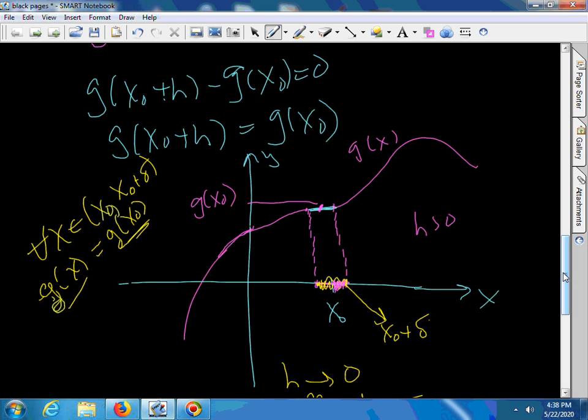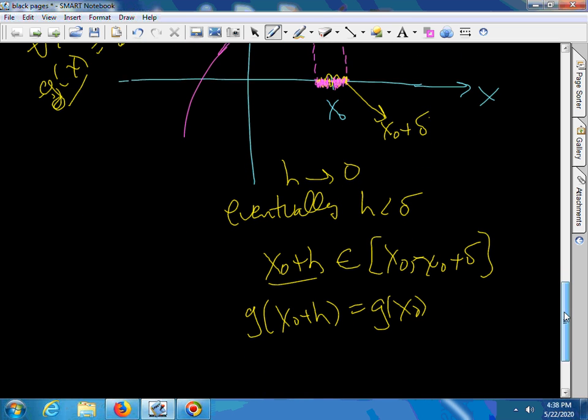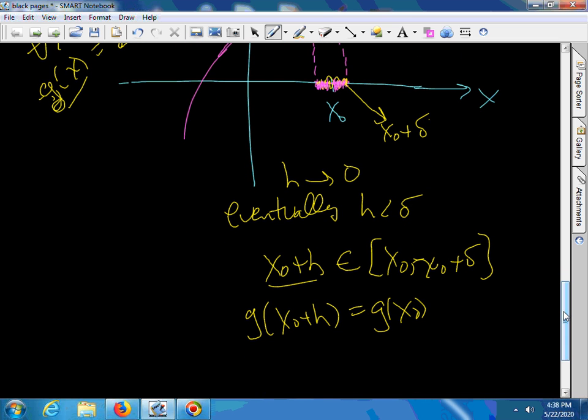And if h is approaching 0 from the negative side, even if this distance is h, okay, x plus h will be in that neighborhood, whether we call it x0 minus delta or x0 plus delta. If x plus h is in there, we're in trouble.